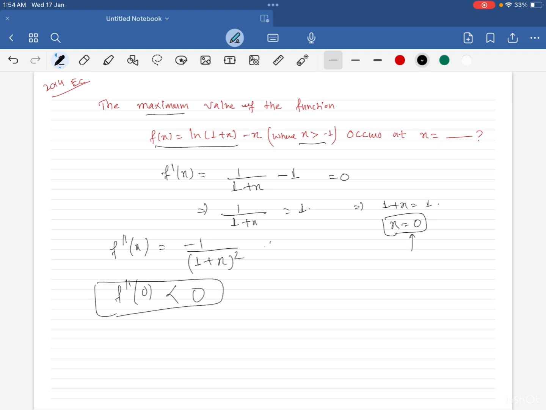So this point is a point of maxima. We can put it in f of 0, so that would be ln 1 minus 0. So ln 1 is 0, minus 0, that is 0. So the maximum value of the function occurs at x equal to 0.